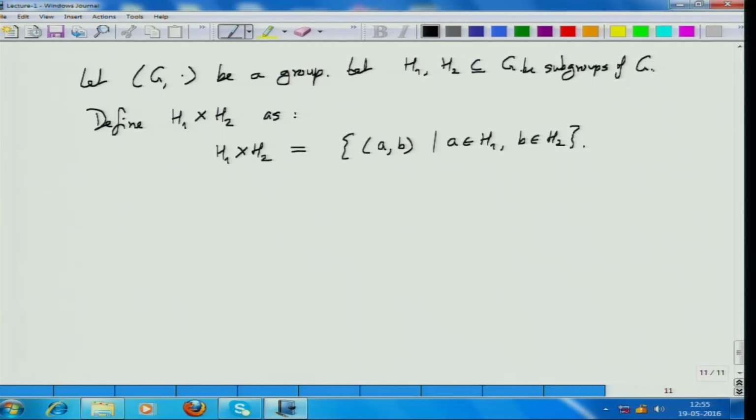Let G be a group and H1, H2 be subgroups of G. And now I am going to define what is called the direct product of H1 and H2, which is written as H1 cross H2. It is simply a pair of elements A, B, where A belongs to H1 and B belongs to H2.